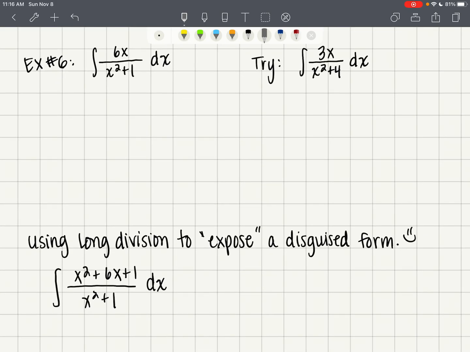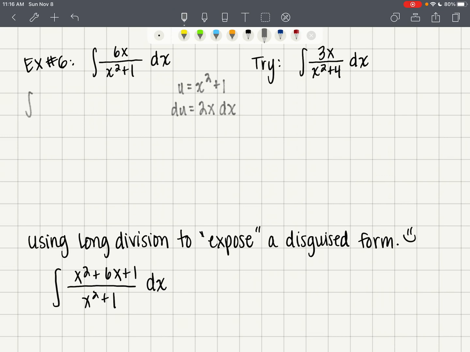We've got example number 6, the integral of 6x over x squared plus 1 dx. So we're going to let u equal x squared plus 1. We will let du equal 2x dx because that's what the derivative of x squared plus 1 is.